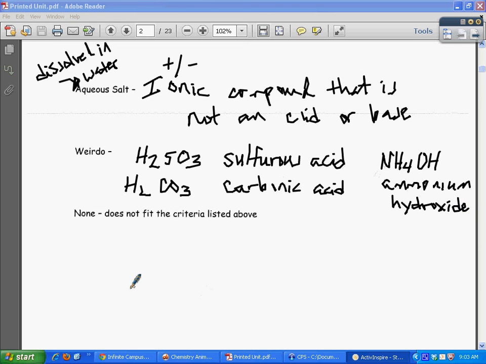Then the 5th category, and most substances are really going to fit into the none category, but these other classification systems are important in aqueous systems, but none is most stuff. Most things, things that are none are ones that don't fit in these categories. They can be elements.